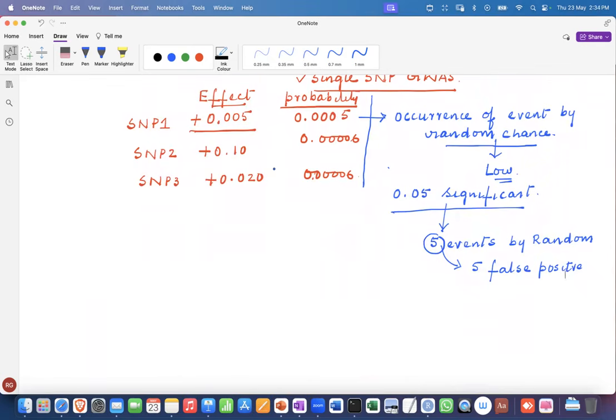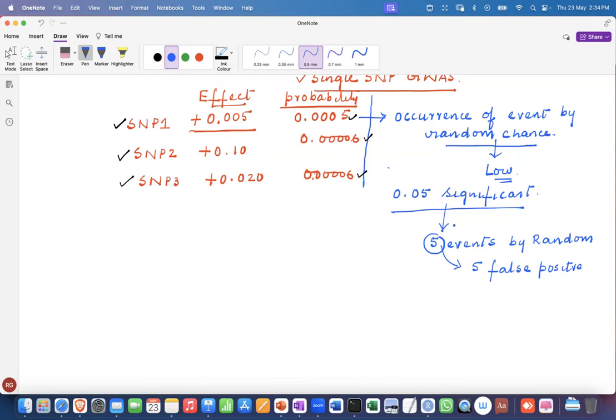I told you that the probability is usually measured SNP-wise, and each SNP is taken in one single go to give you a probability. And this probability is generally taken to be as low as 0.05.